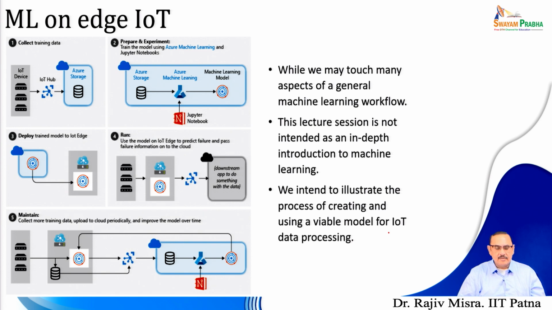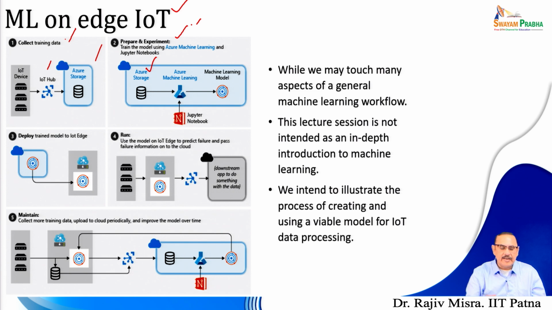So, let us understand how to do machine learning on the edge for an IoT application. Here the first step is, let us say that we are using a cloud based service, and this is called an IoT hub. IoT devices will send their data to the Azure cloud storage, and there, using this data set which is stored in the Azure storage service, it will prepare and perform the experiment.